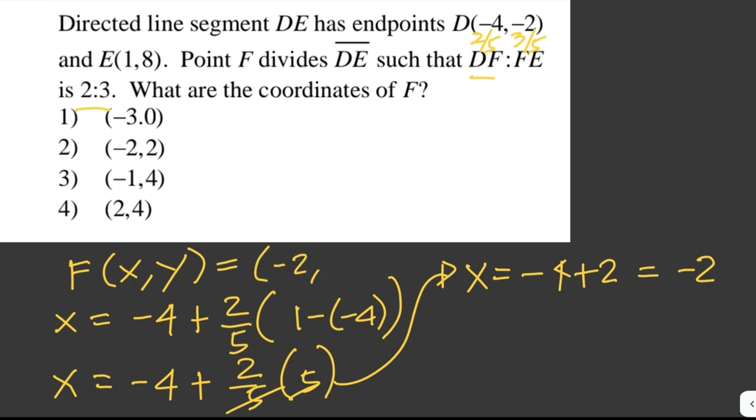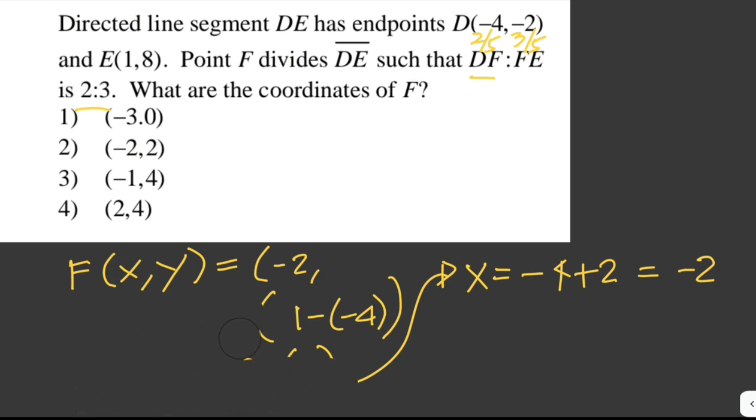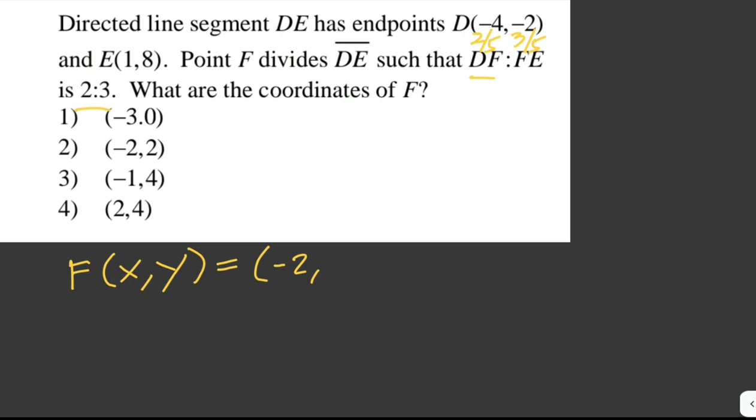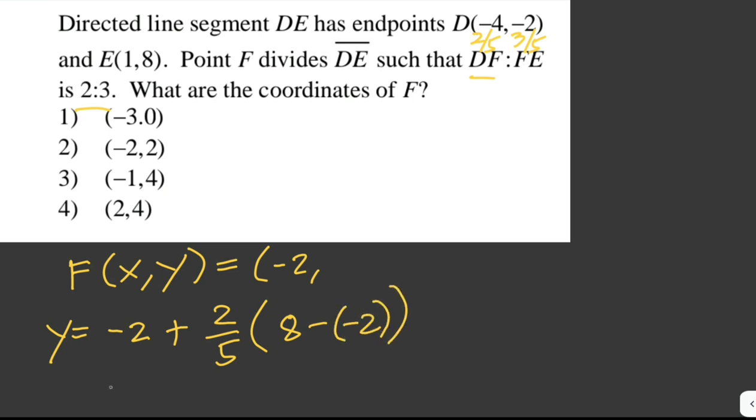Therefore, the x coordinate is negative 2. And now let's solve for the y coordinate of point F. So it'd be y equals negative 2 plus 2/5 times the difference between the y coordinates. So it would be 8 minus negative 2. Y equals negative 2 plus 2/5 times 10.